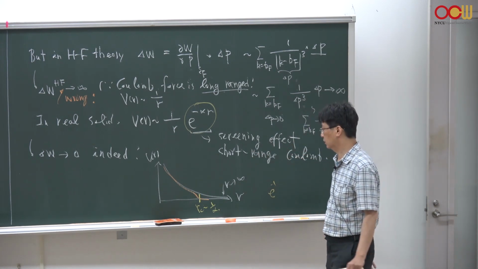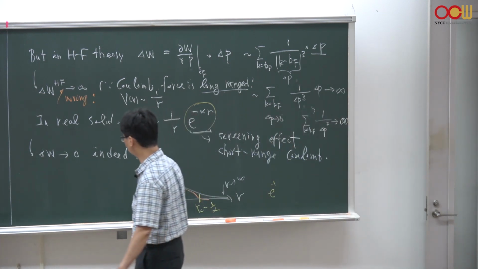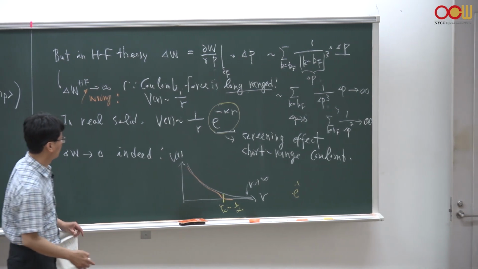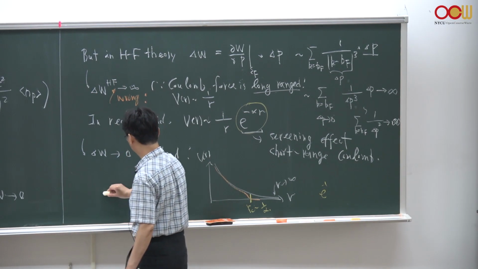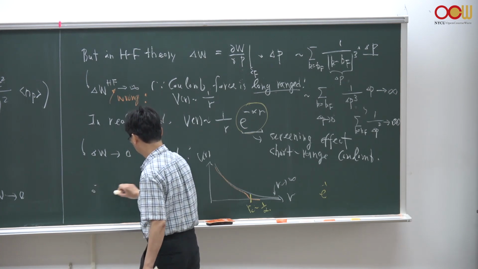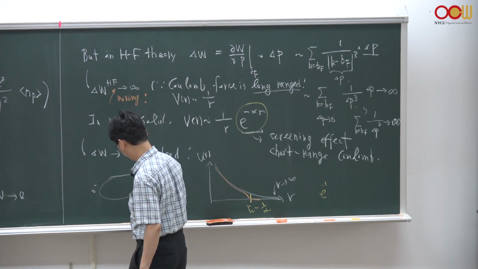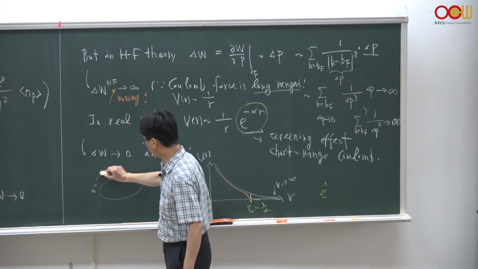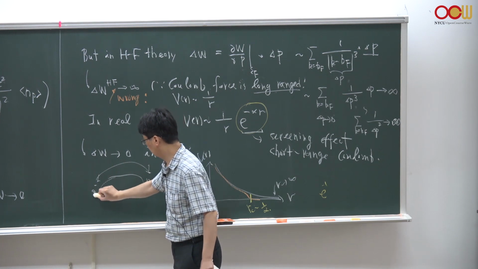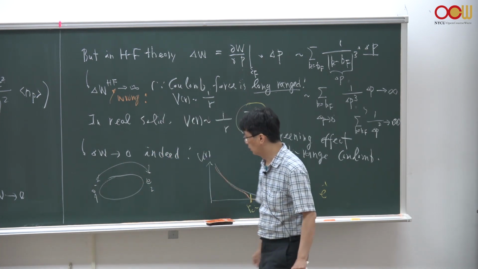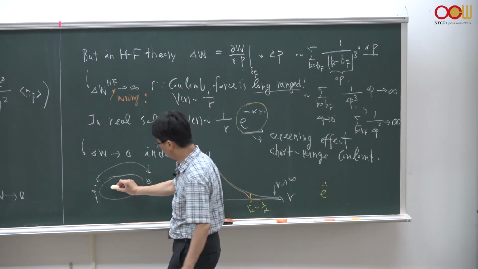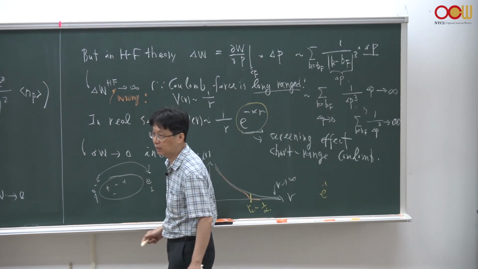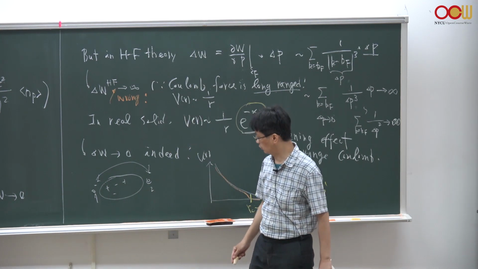But what is the correct approach then? So this is our next job, to really focus on the screening of the Coulomb interaction. The screening refers to the fact that in addition to these isolated electrons, electron 1 and 2, in realistic materials there are many charged particles. Some of them are positive ions, and others are negatively charged electrons.